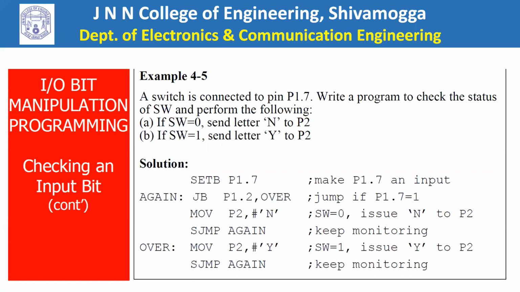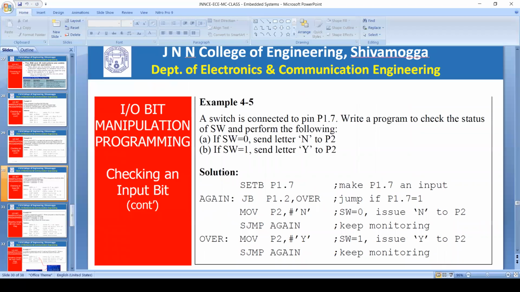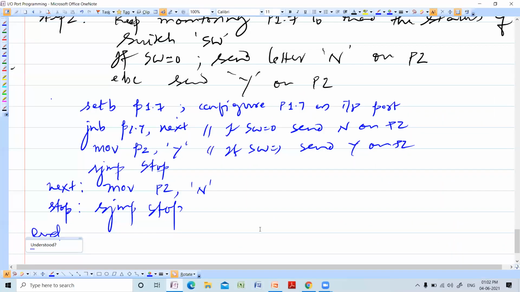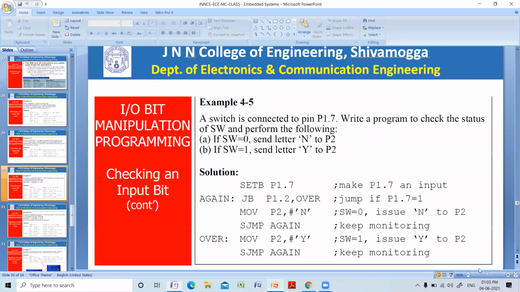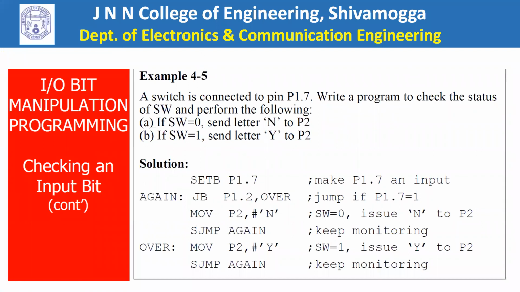Next program. So in that program, we have not written the hash, it seems. So you should always write the hash, that you know when you are sending a value, it is immediate addressing. You should write the hash. That is missed there. So you can either stop or you can keep monitoring that also.